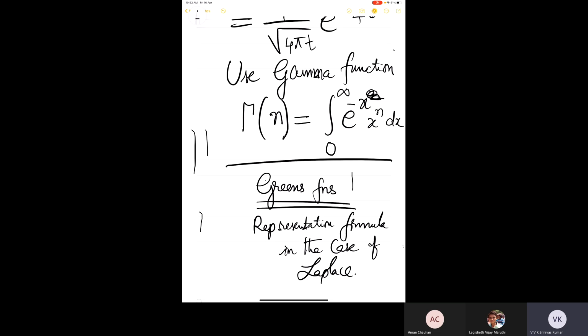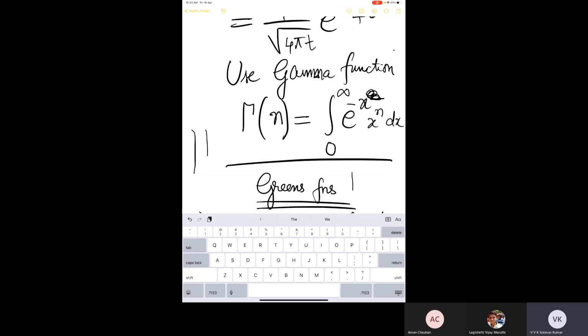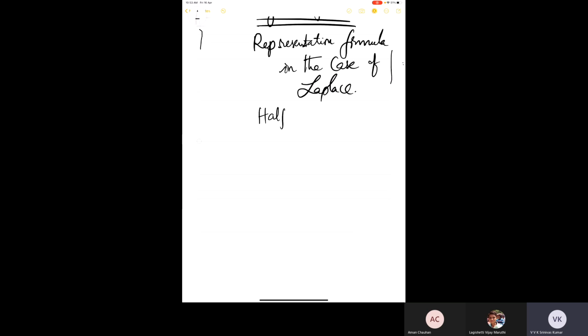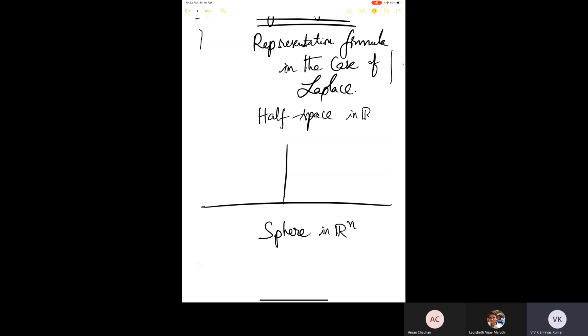Mainly, what will the Green's function be when it is the upper half space in Rn, or a sphere in Rn? What are the representation formulas?